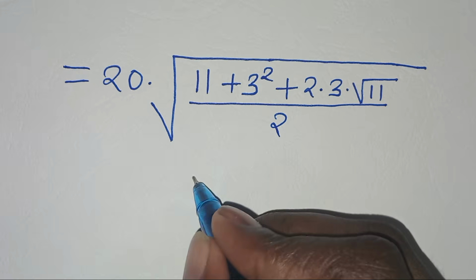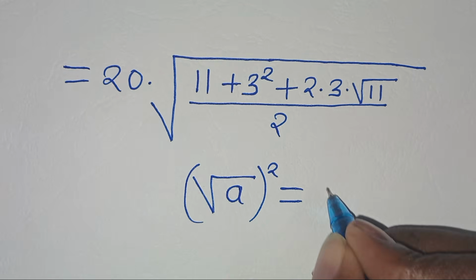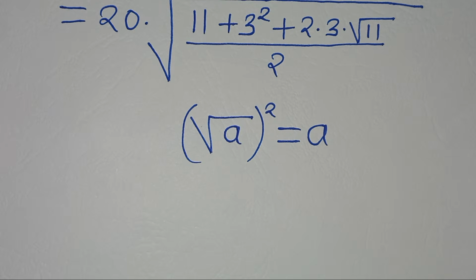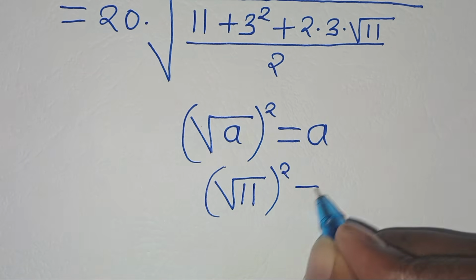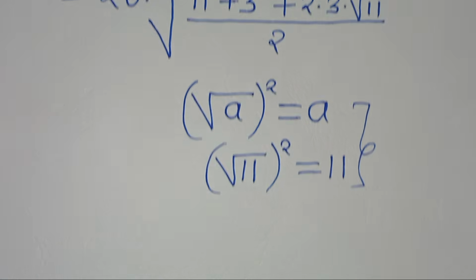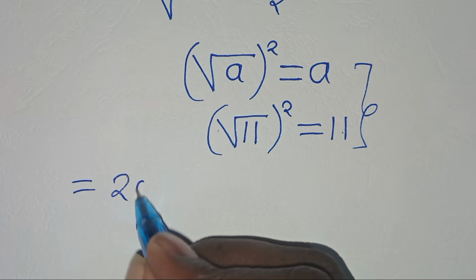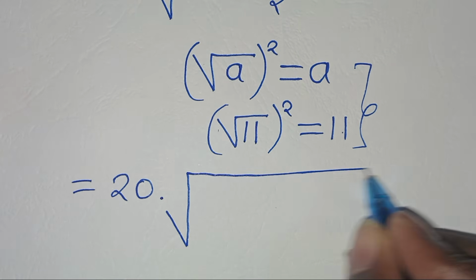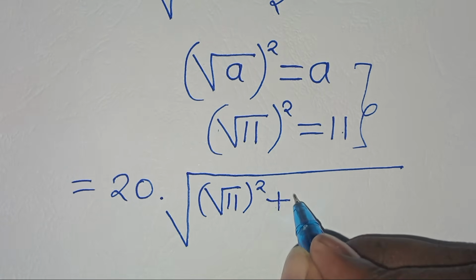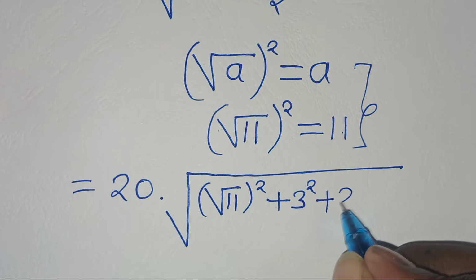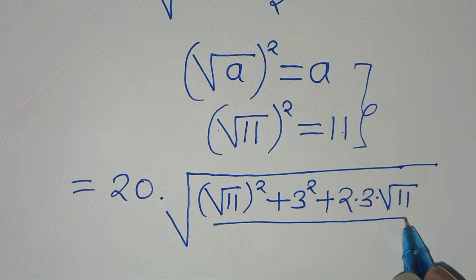Now the next step is that if you have the square root of a raised to the power of 2, this can be expressed as a. So the square root of 11 raised to the power of 2 is the same thing as 11. Let's substitute 11 with the square root of 11 to the power of 2, so that we have 20 multiplying by the square root of root 11 to the power of 2 plus 3 to the power of 2, then plus 2 multiplying by 3 multiplying by root 11, divided by 2.